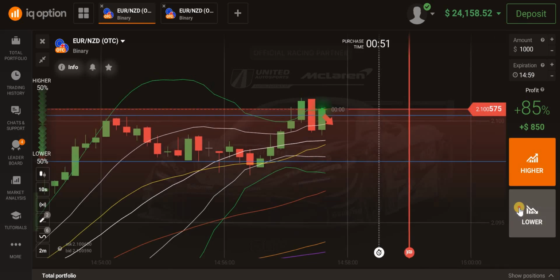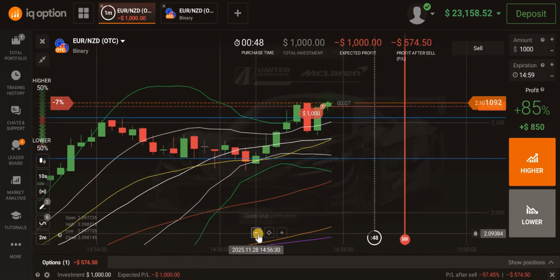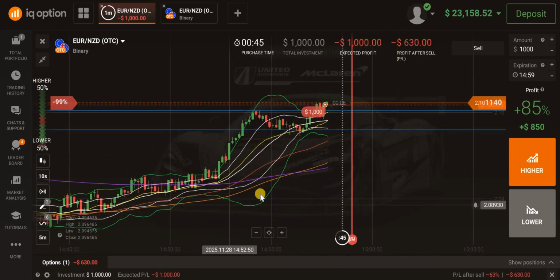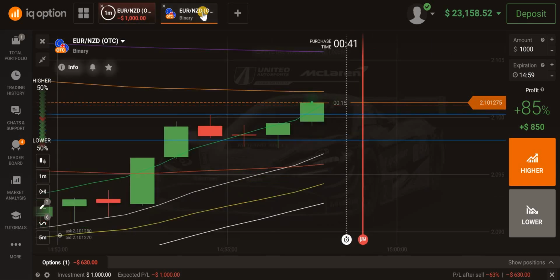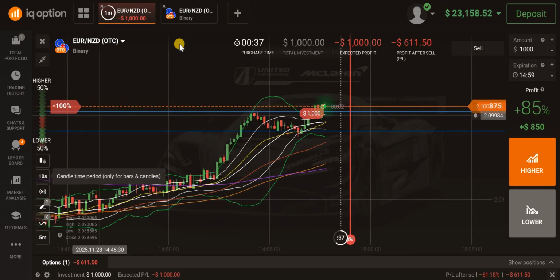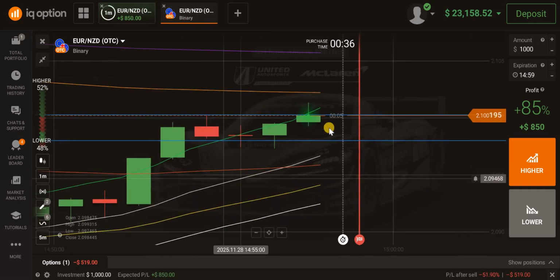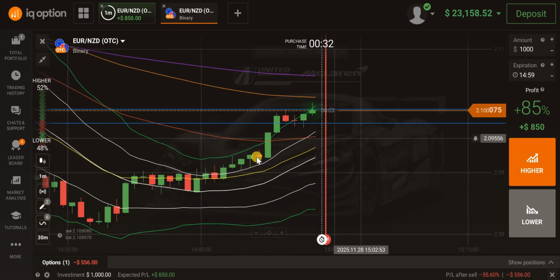This is a fake, like I told you, the fake breakout happened. Now in the lower time frame we have an uptrend. You see, all the areas are aligned upward. This is the 10 seconds, and in the 1 minute we still have a downtrend.